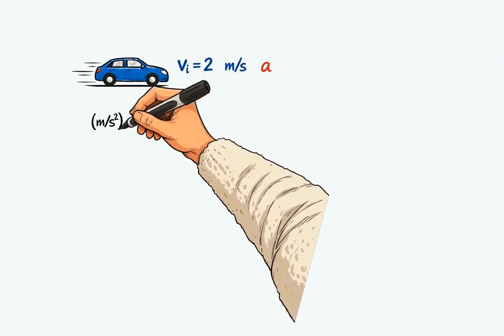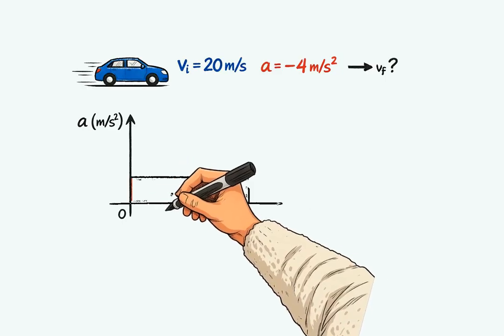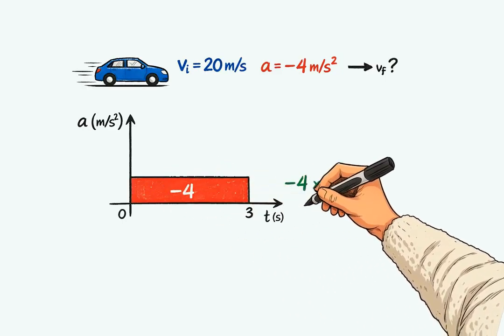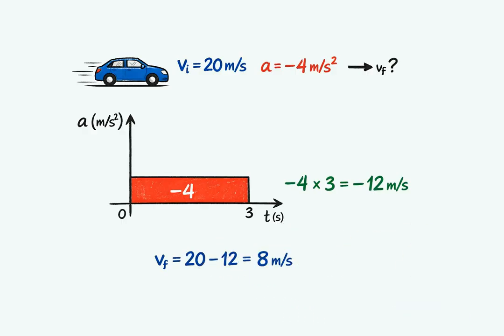A braking example shows how directly the area interpretation works. If a car starts at v sub i equals 20 meters per second, and has constant acceleration negative 4 meters per second squared for 3 seconds, the a-t graph is a rectangle at negative 4 from t equals 0 to t equals 3.